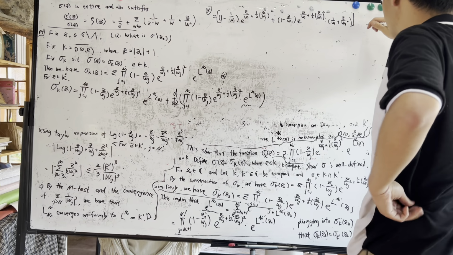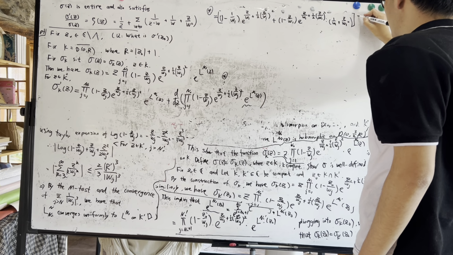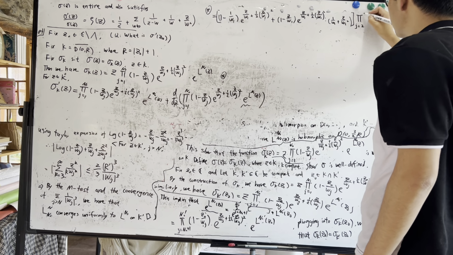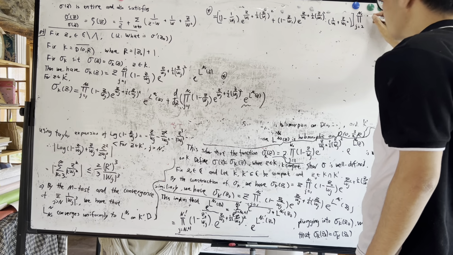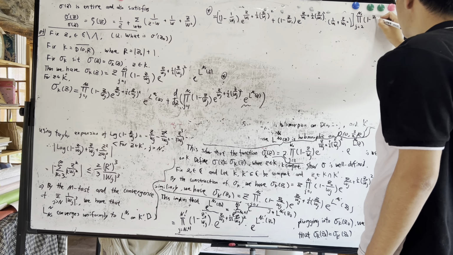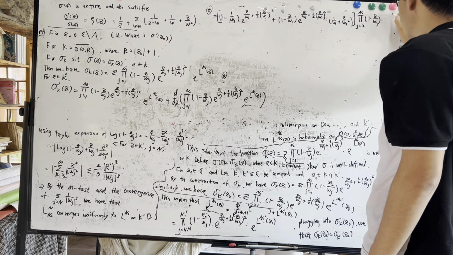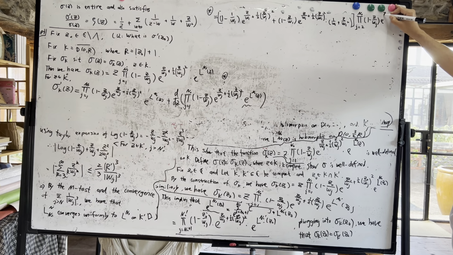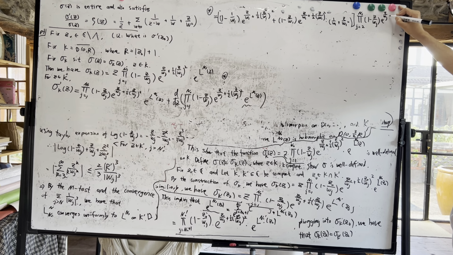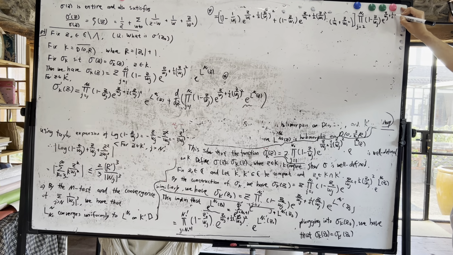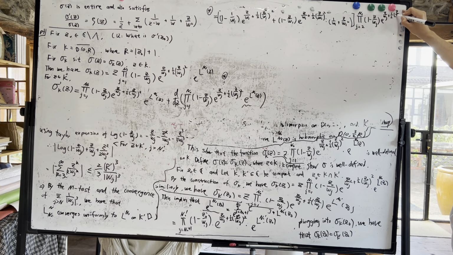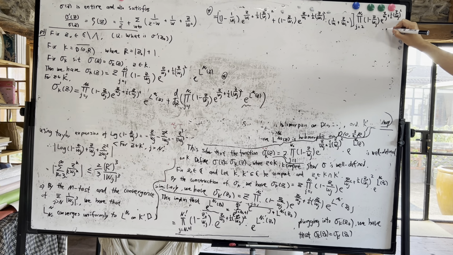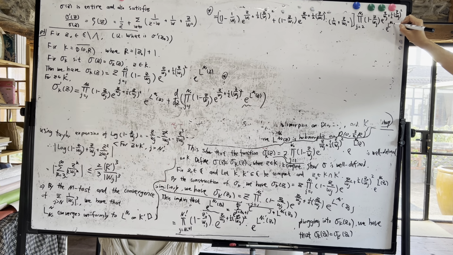So times the product j from 2 to n naught of this guy, 1 minus z over omega j times e to the z over omega j plus 1/2 z over omega j squared, times e to the L of n naught z.